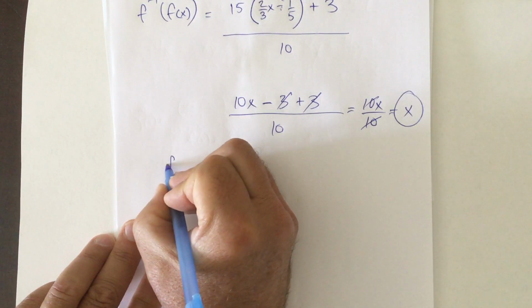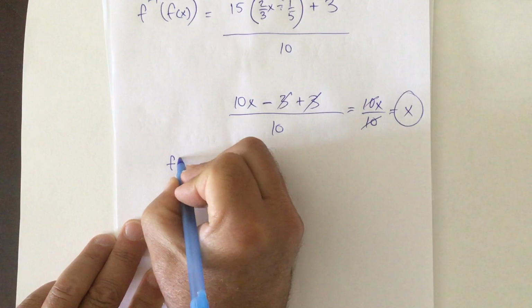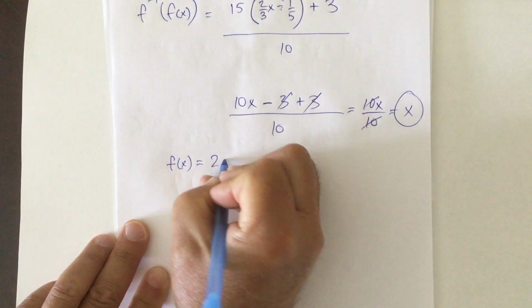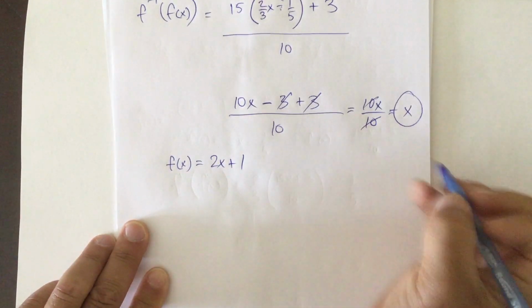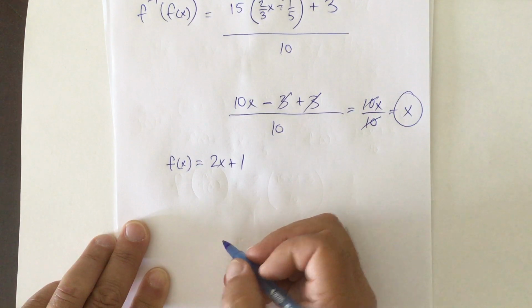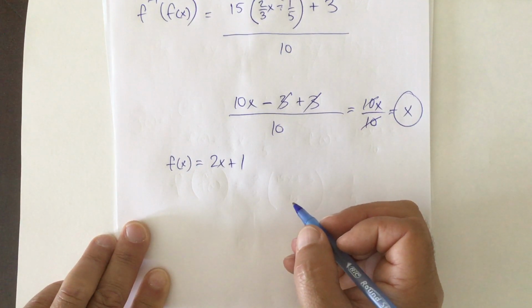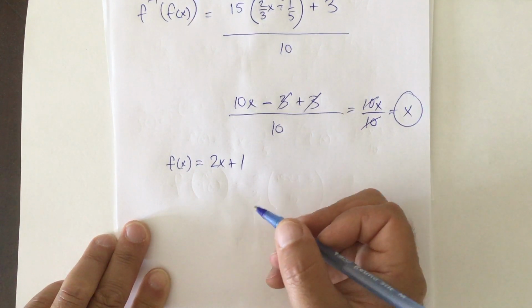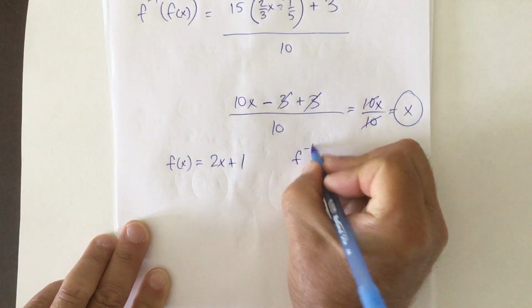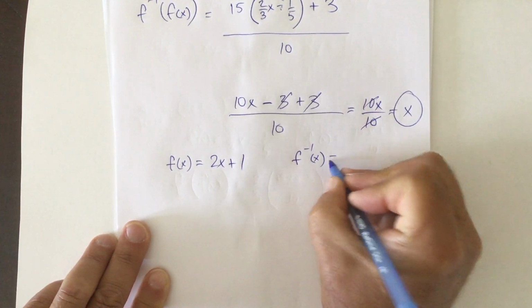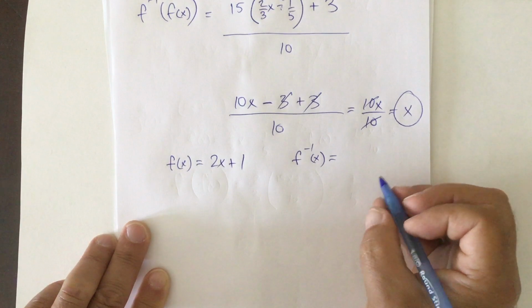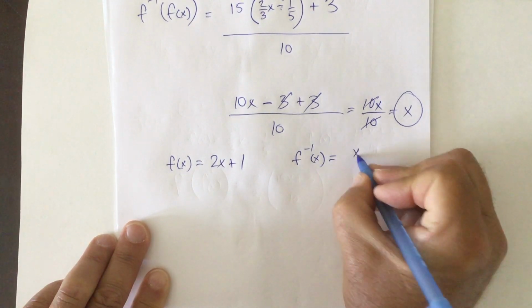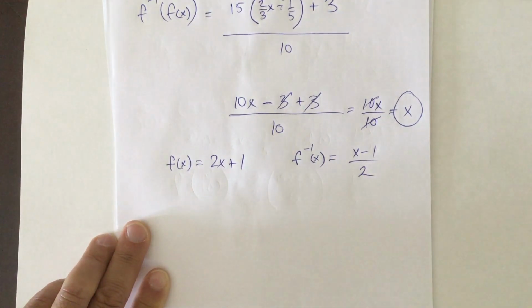So let's say they called it f of x equals 2x plus 1. And if you check your answer to problem number 1 on my practice sheet, you will see that it's written in y equals form, but I'm going to write it in inverse style. And I got this for an answer.